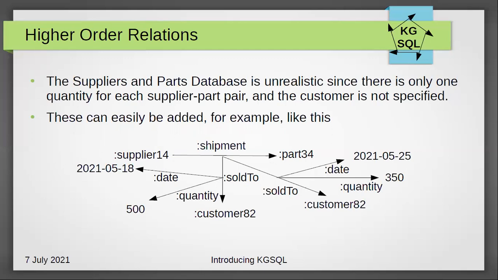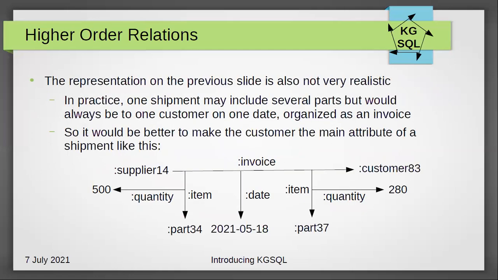But if you did want to add additional features, well, that's no problem. You could have a sold to relationship, and you could have dates and quantities. But even this isn't quite accurate. It's not very realistic. What you really want is something like an invoice.